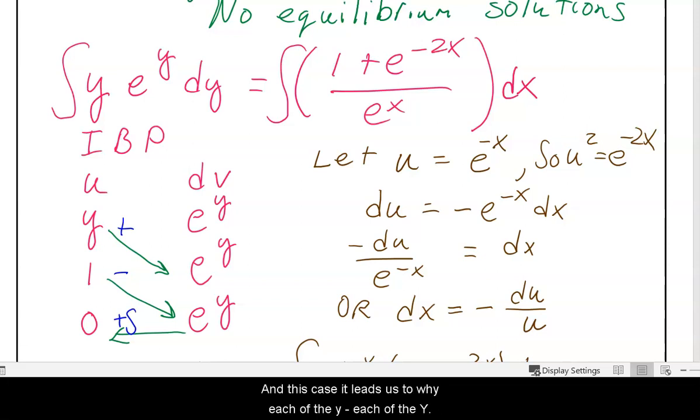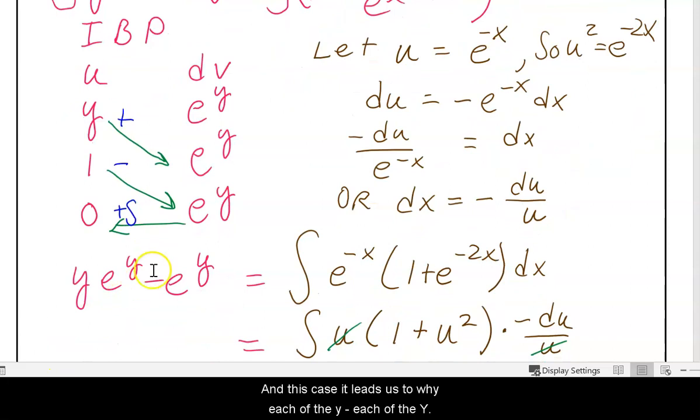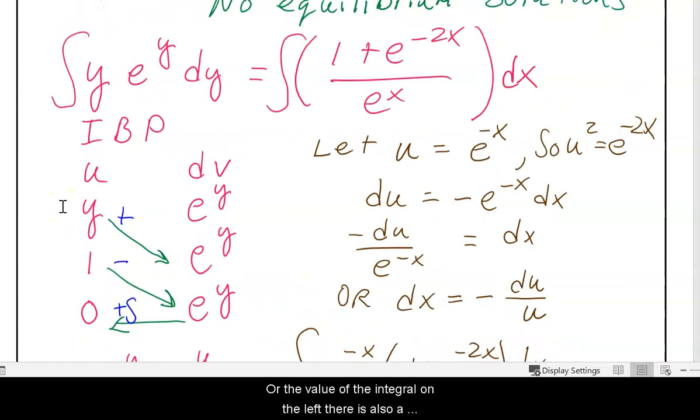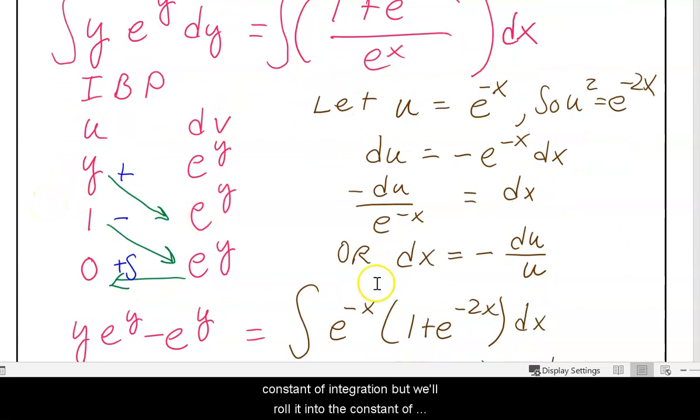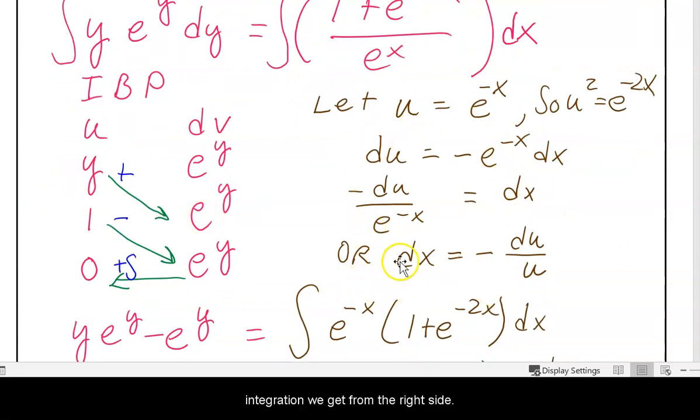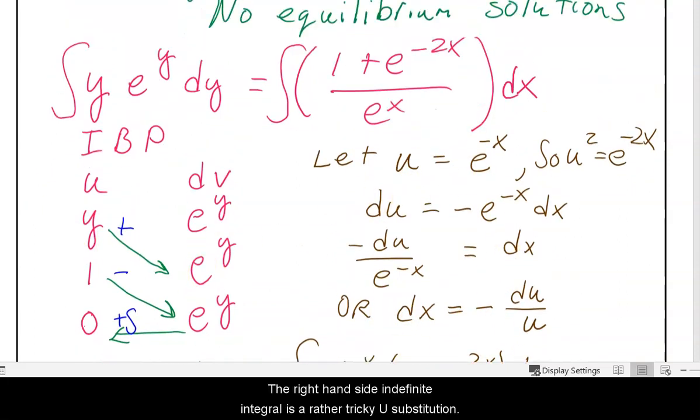In this case, it leads us to y e to the y minus e to the y for the value of the integral on the left. There is also a constant of integration, but we'll roll it into the constant of integration we get from the right side. The right-hand side indefinite integral is a rather tricky u substitution.